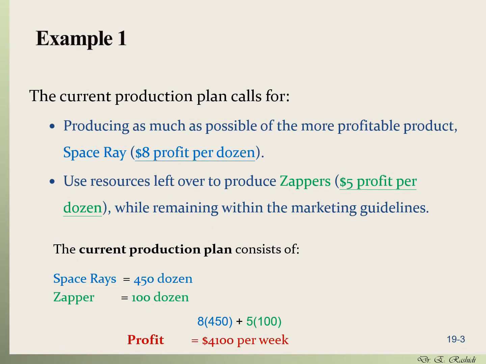The current production plan calls for producing as much as possible of the more profitable product. One dozen of space rays could make a profit of $8 per dozen.